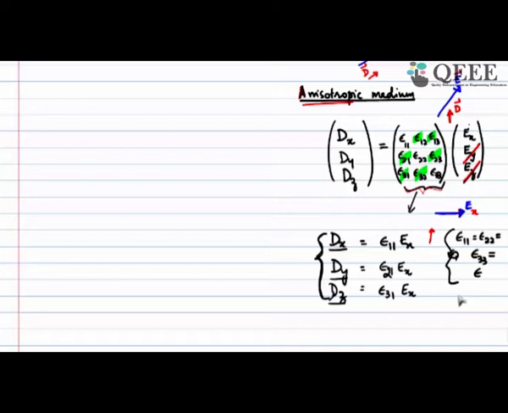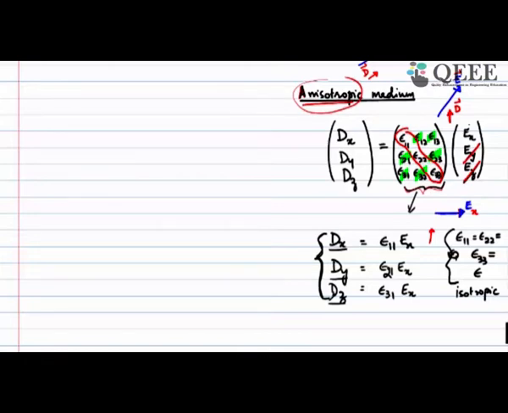If this is followed, then it is isotropic, because all these components are 0 and only the diagonal elements survive, and if all those diagonal elements are equal to each other, that is the isotropic material, which is why I said isotropy is only a specific class of anisotropic.